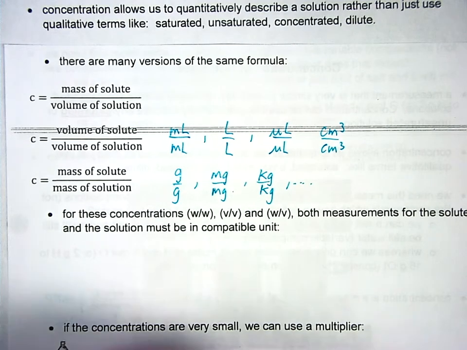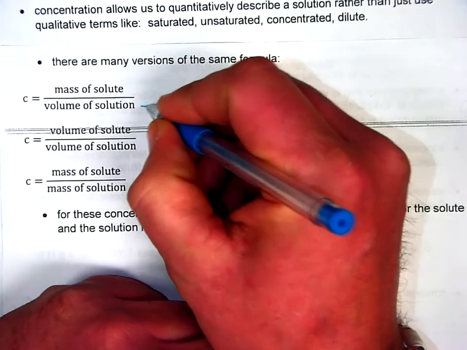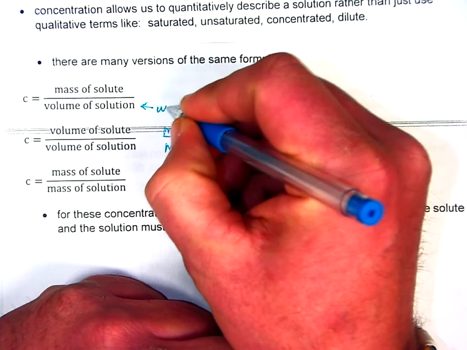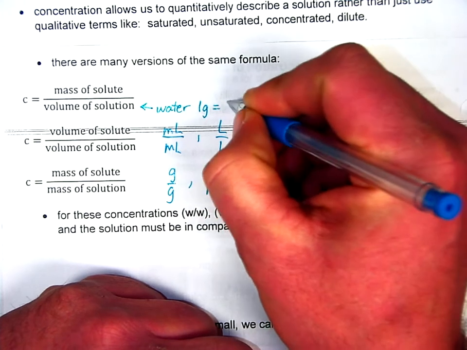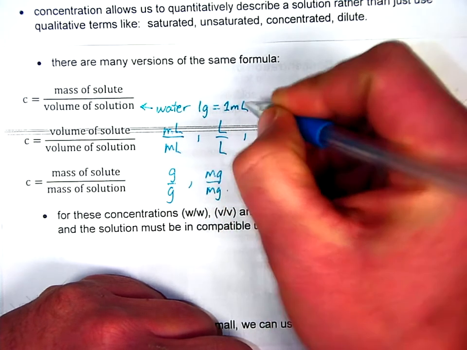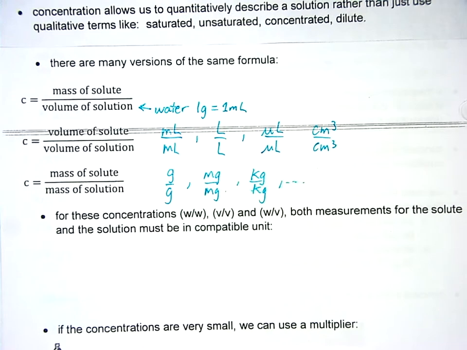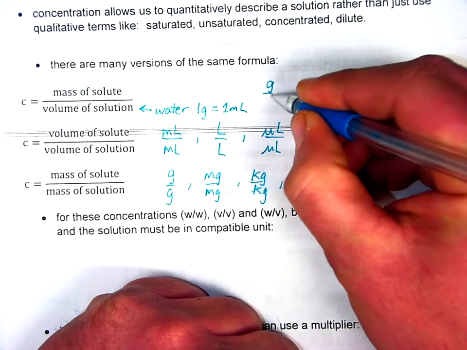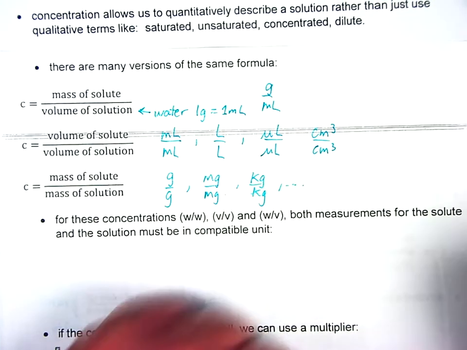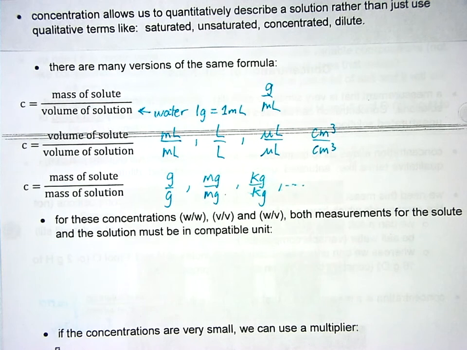The only one that gets a little bit different is the mass to the volume. What we're assuming here is that we're dealing with water, and for water, 1 gram is equal to 1 milliliter. So these are the 2 units that are compatible with each other: grams to milliliters. We don't look at the prefix to determine whether it's compatible or not.